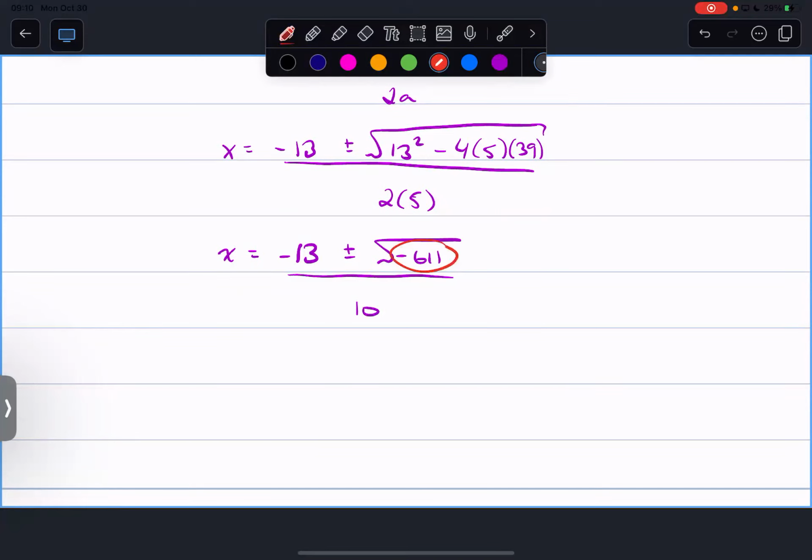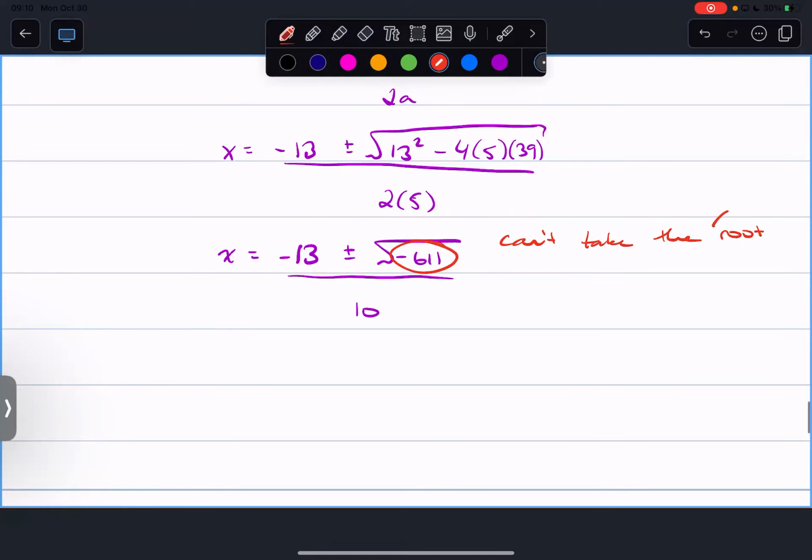I'll do it in red. Can't take the root. It doesn't just apply to the square root, but usually we talk about the square root; we can't take any even root of a negative. Therefore, no solutions.